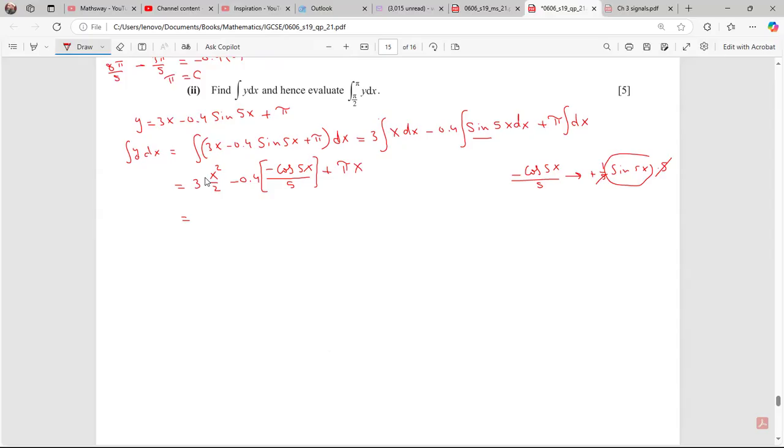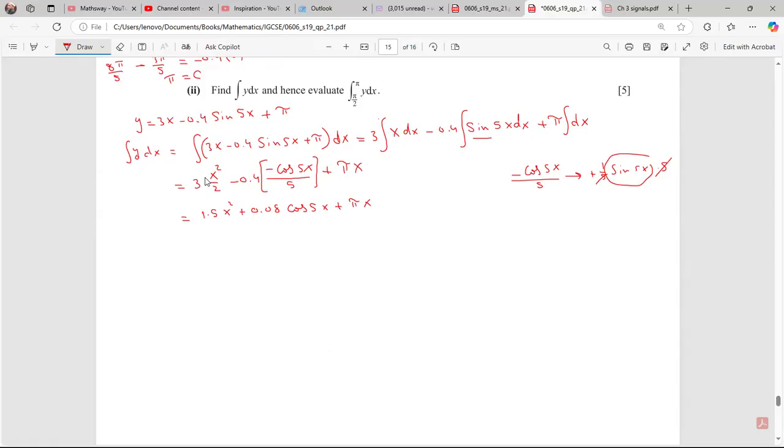It's going to be 1.5 x squared minus 0.4 over 5 is going to be 0.08, and this minus minus becomes plus, cos 5x and plus pi x. Okay, this is our answer for the first part, find y in integral of y dx.